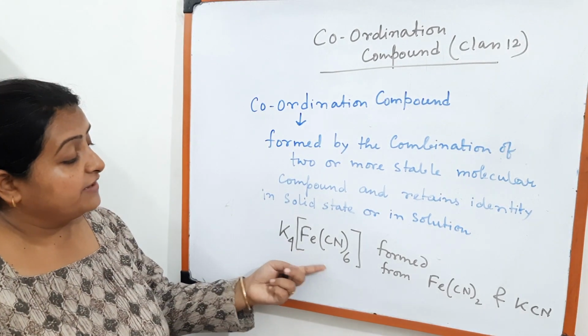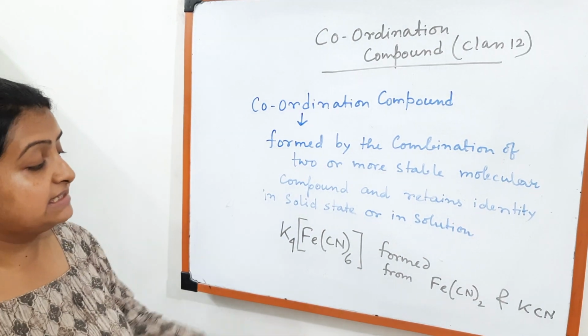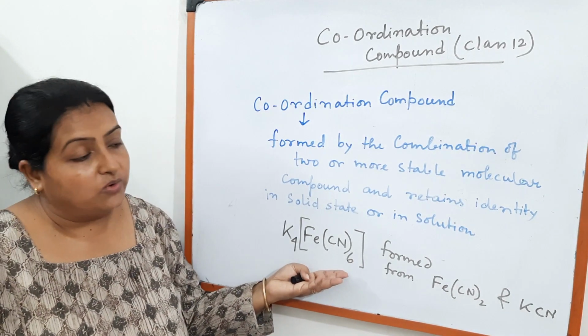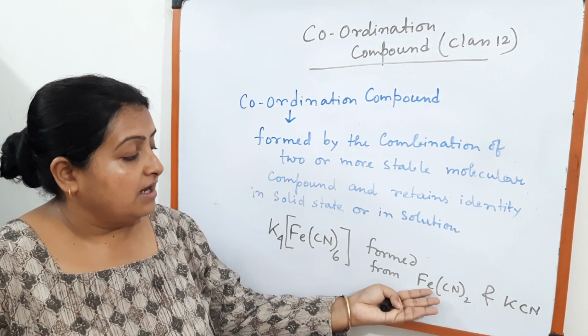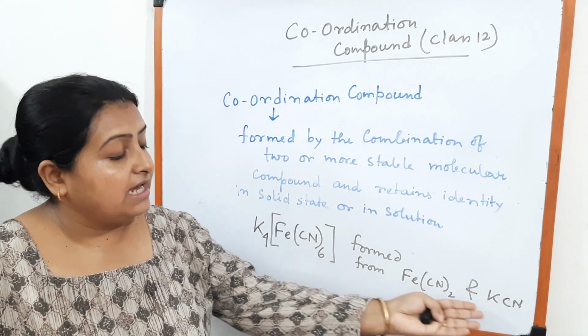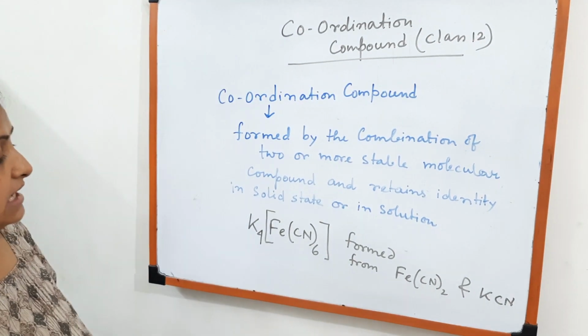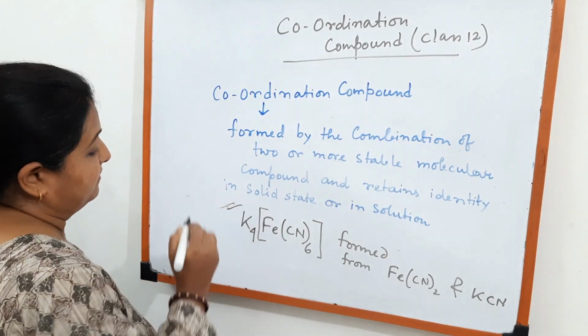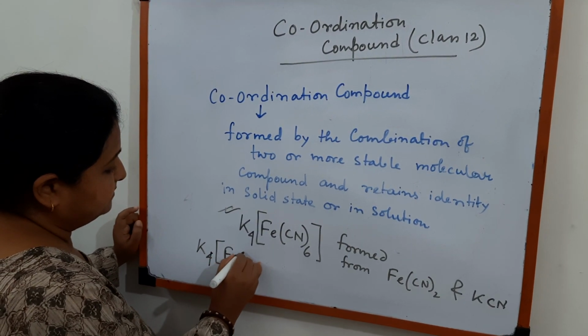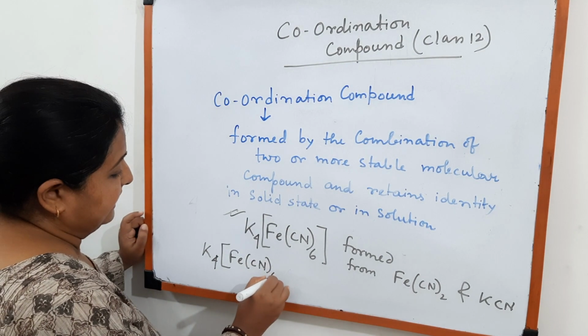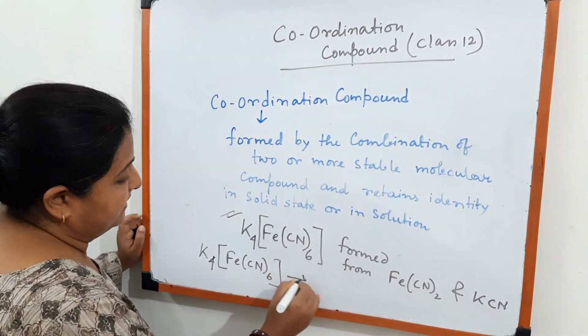This potassium ferrocyanide, K4[Fe(CN)6], is a coordination compound, and it is formed by the reaction between ferrous cyanide and potassium cyanide. Now when this compound dissociates, we get basically two types of ions.